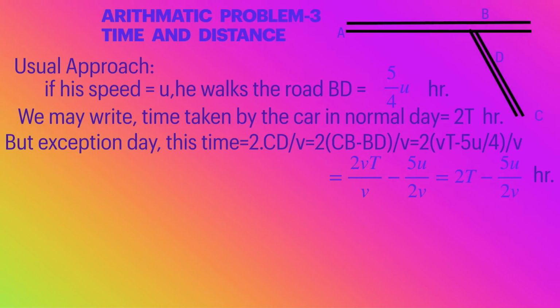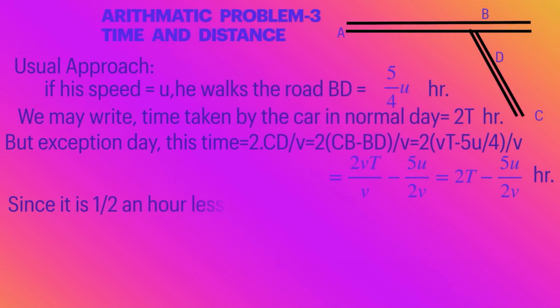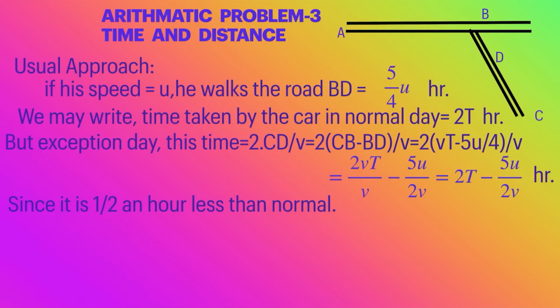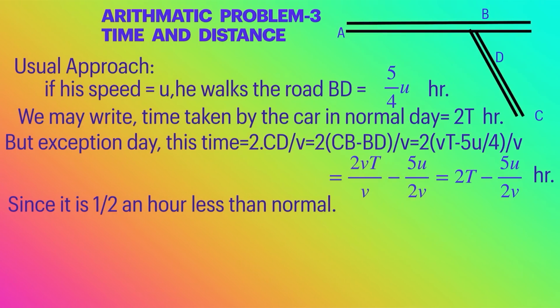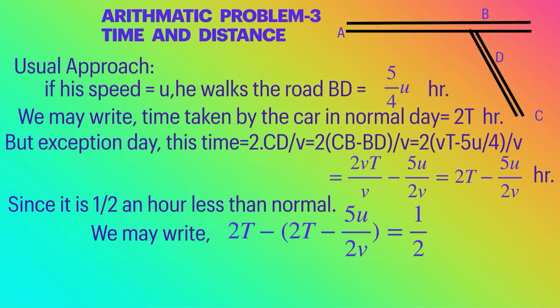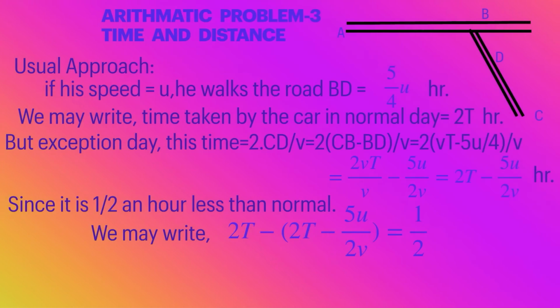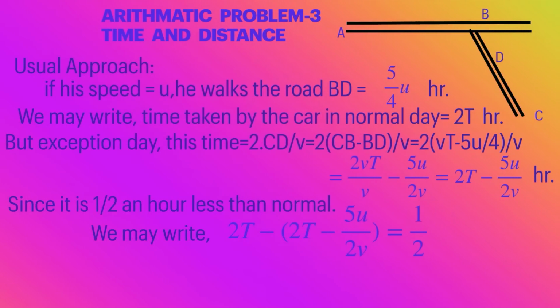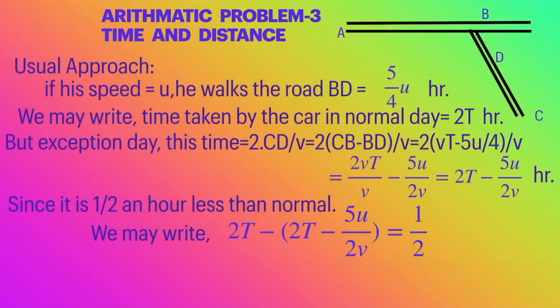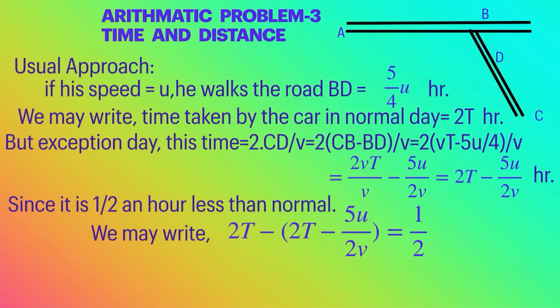This time will be taken by the car. Since it is half an hour less than normal, we may write 2t minus this time, that is 2t minus 5v by 2v, equal to half, because we know that on a normal day the car will take time 2 into t, but on that exceptional day the car has taken the time 2t minus 5v by 2v.